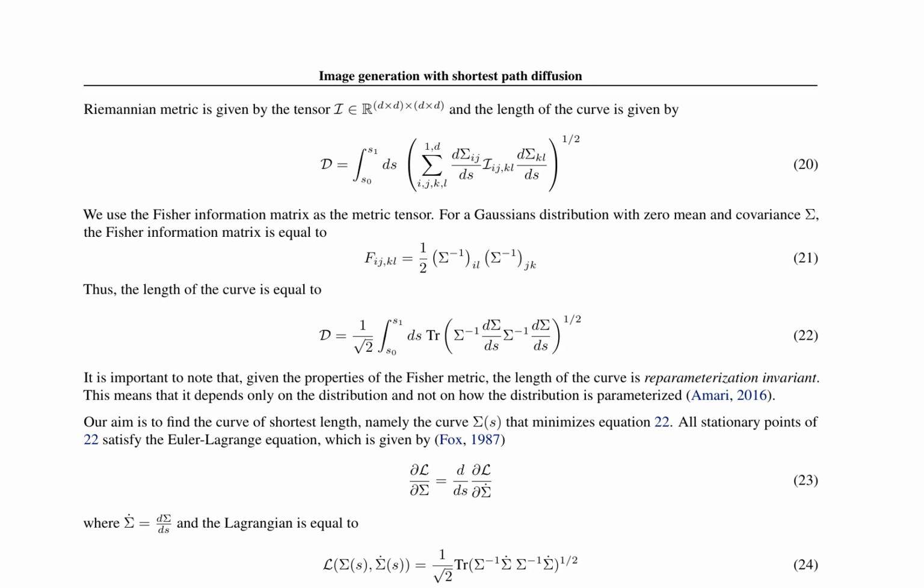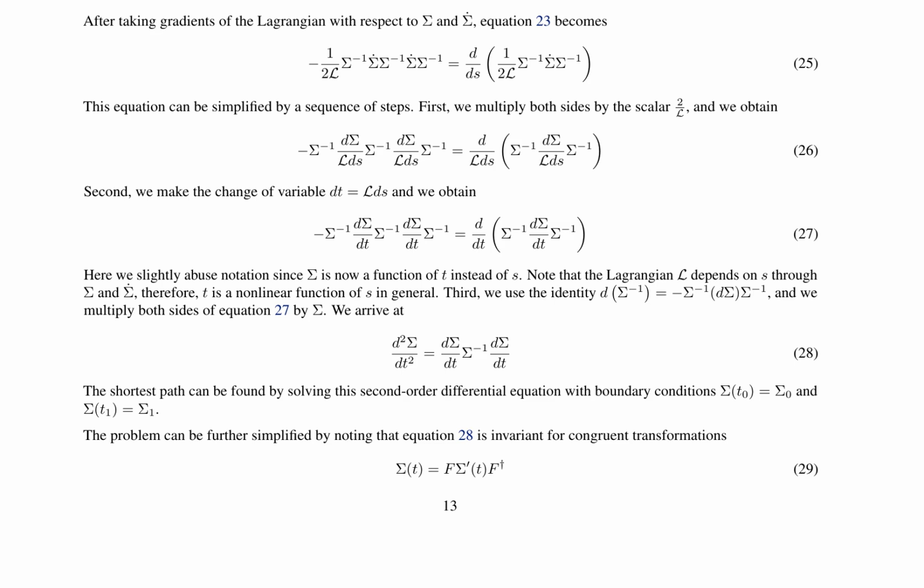This equation can be simplified by introducing a new variable t, which is a nonlinear function of s. The solution to this differential equation, with boundary conditions sigma(t0) equals sigma 0 and sigma(t1) equals sigma 1, will provide the shortest path in the space of probability distributions.